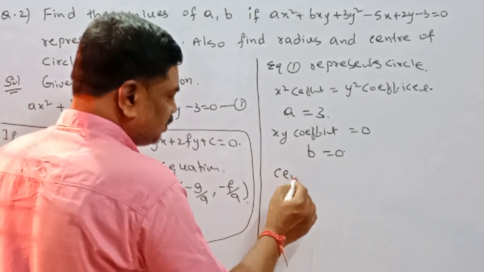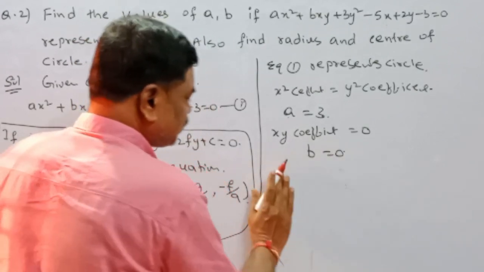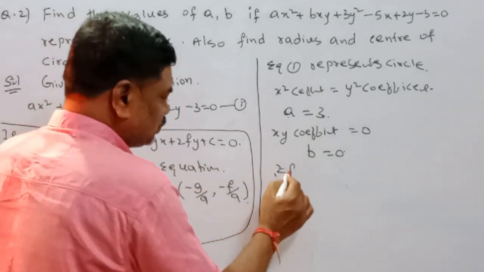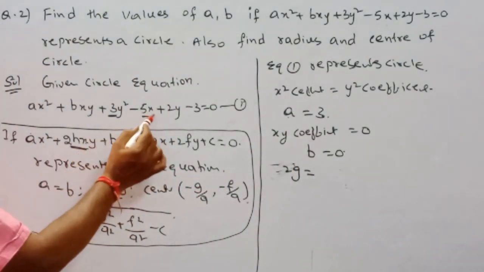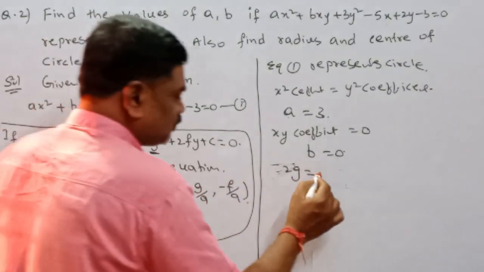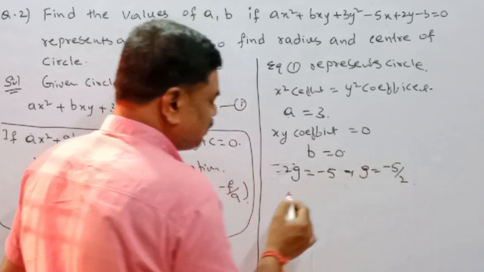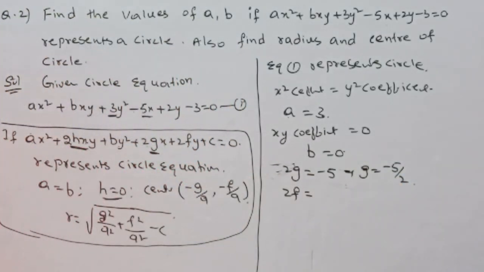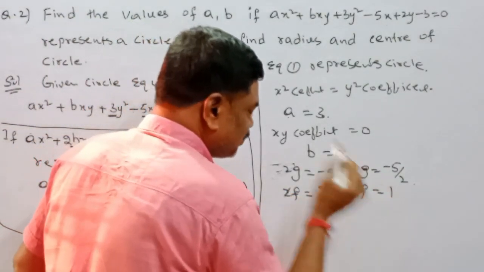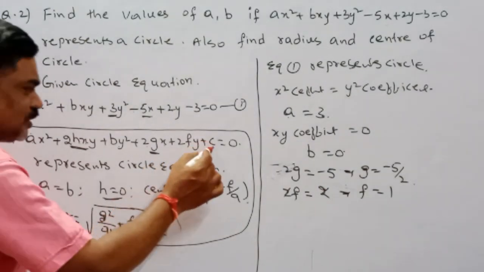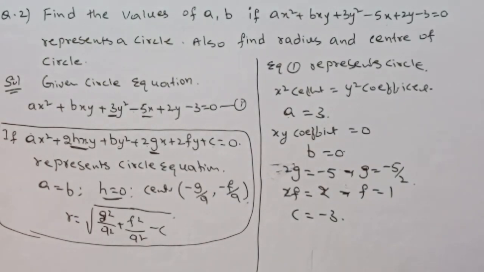So for the center, you also write 2g and 2f. 2g is equal to minus 5, so g is equal to minus 5 by 2. 2f is equal to 2, 2 cancels, implies f is equal to 1. And constant c is equal to minus 3.